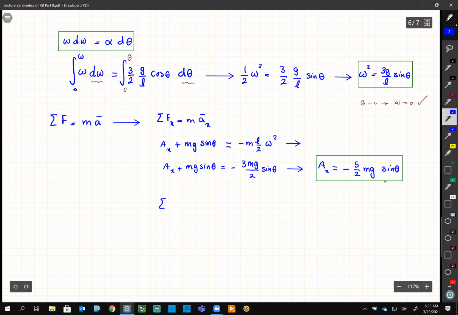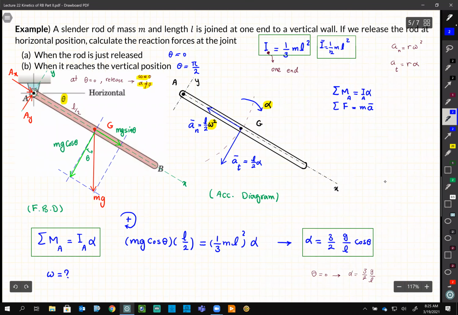Let's do the same for the sum of the forces in the y direction, which is equal to m a bar y. Again, whatever I see on the diagram, so I have Ay. Let's move back one slide. So in the y direction, let's take a look together. I have Ay is positive. Then I have mg cosine theta, which is in the opposite direction of the y direction.